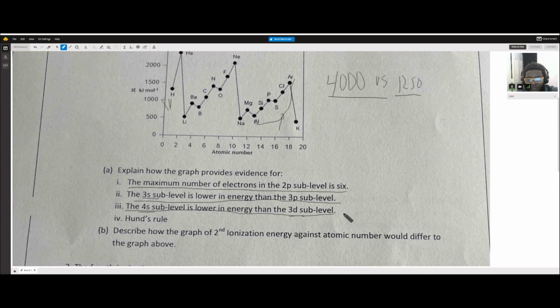And you may be wondering why that is as well. Well, 4s is further away from the nucleus than 3d, but 3d has so many more electrons in it that all the repulsion forces raise it in energy and put it above 4s. That's the reasoning, but you can tell from a graphical perspective what 4s should be.